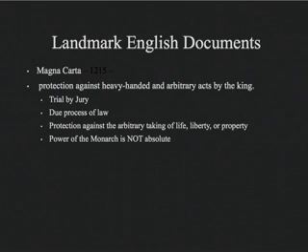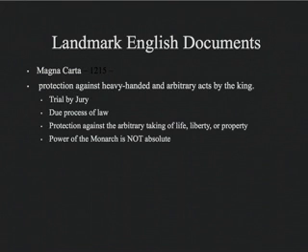Now as we begin, let's focus a little bit on some of the very important early English documents. The Magna Carta in particular is one of the early documents. If you look, 1215, this is signed by the king in 1215. Remember that the Americas were discovered by Columbus in 1492.